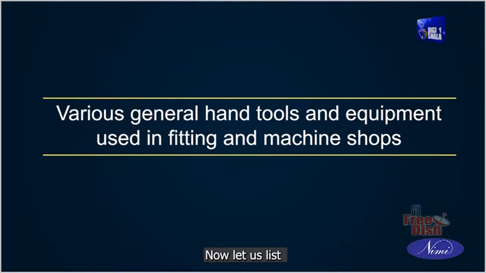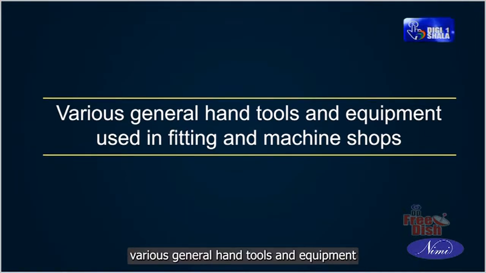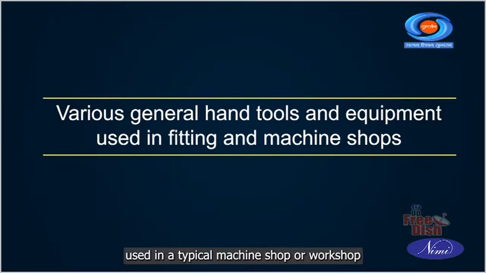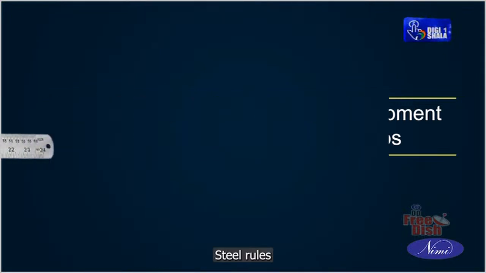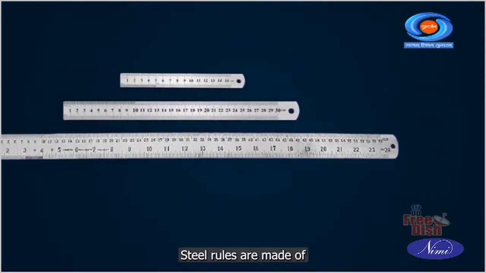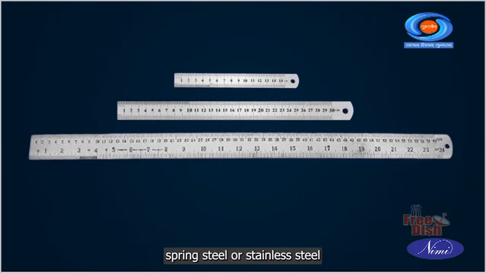Now let us list various general hand tools and equipment used in a typical machine shop or workshop and also know safety precautions to be followed while using them. Steel rules. Steel rules are made of spring steel or stainless steel.